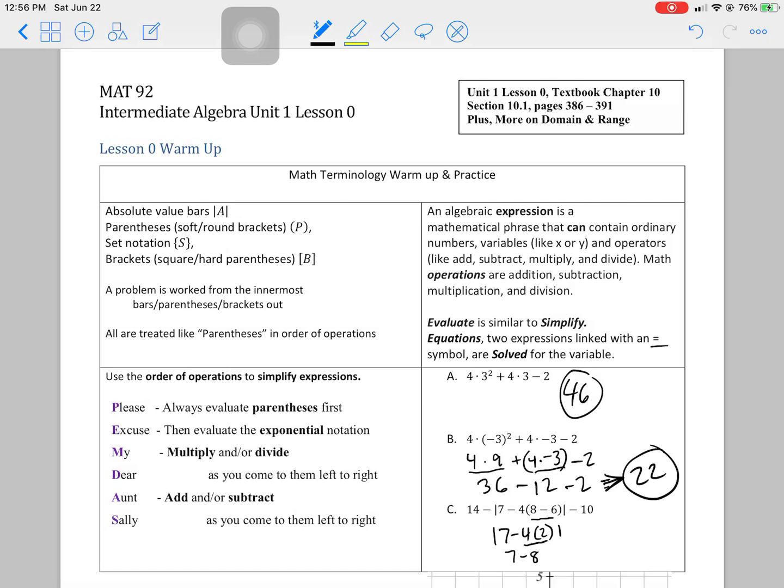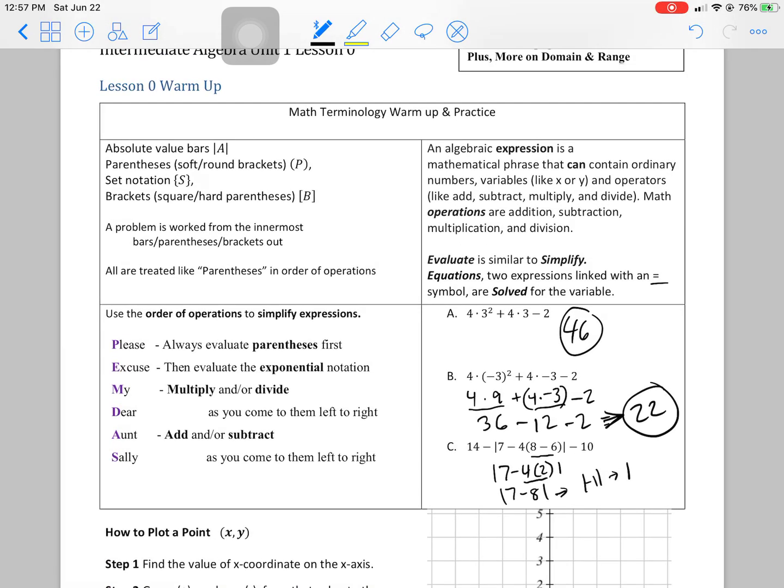It's not the same thing. You have to multiply before you touch this negative sign here. And then the absolute value of 7 minus 8, that's going to be negative 1 inside absolute value bars, which is equal to a positive 1. So this whole thing is going to be a positive 1. I'm running out of room here. So this is going to be 14 minus 1.